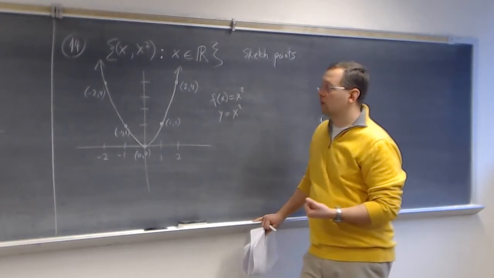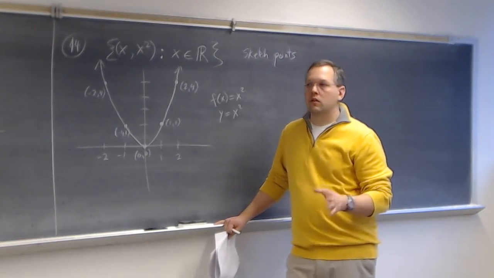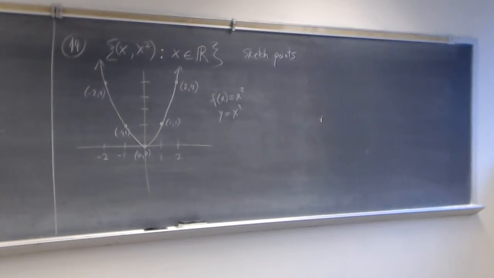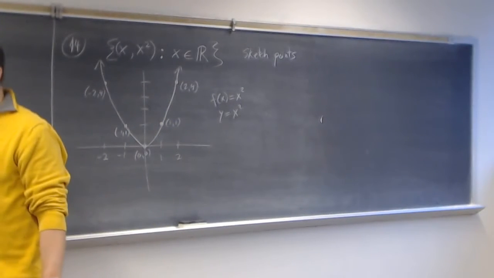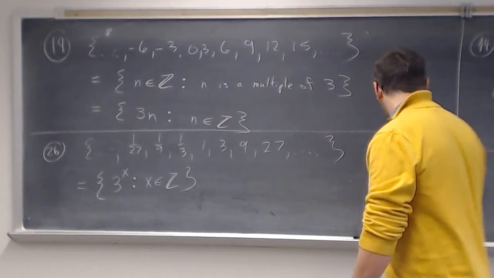Okay. All right. Any questions so far? So this is just a little review of what we did in section 1.1. Today, my goal is to cover the next couple of sections of chapter 1. Section 1.2 starts with another type of set called the Cartesian product. You can think of it as, how would you multiply two sets?